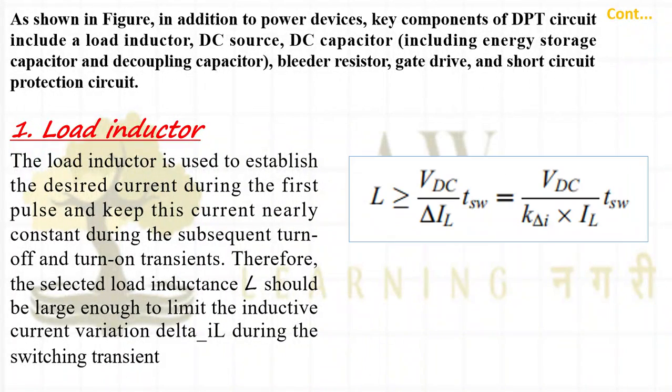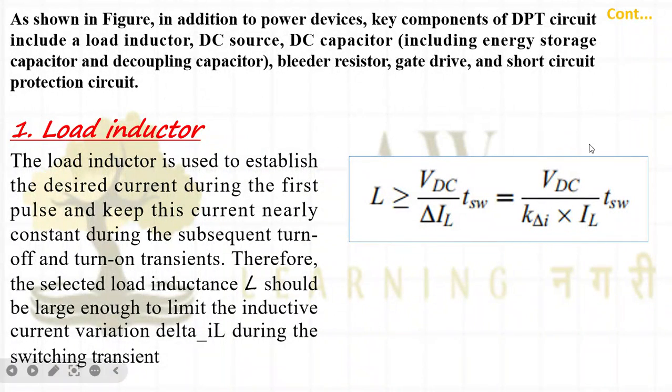So what value of the inductor will we take? The formula for calculating the load inductance is L equals VDC divided by K delta I times IL multiplied by TSW. Now the question is, what VDC we will take, what IL we will take.